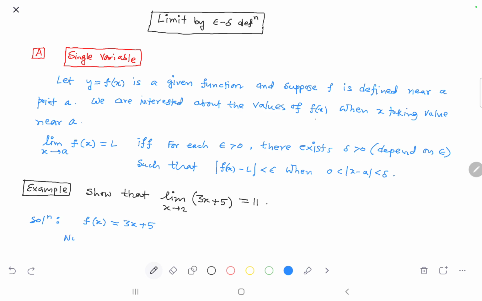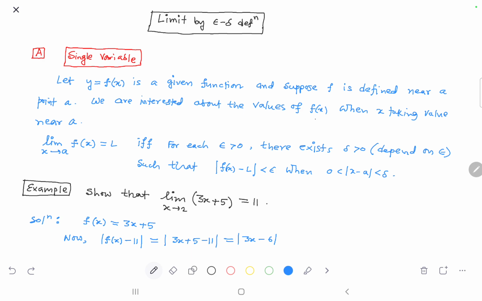So now immediately you have to calculate the absolute value of f(x) minus 11. That 11 we are getting from here. So this is basically the absolute value of 3x plus 5 minus 11. So what is this? This is basically 3x minus 6. Mayan, is it okay? Yeah, it's fine.